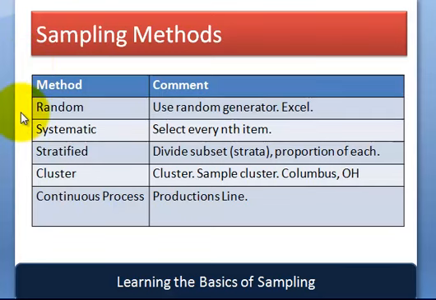Let's talk for a moment about some sampling methods. We could do a random sample. That tends to be relatively inexpensive. We would just randomly select or use a random number generator. We could do a systematic sample.